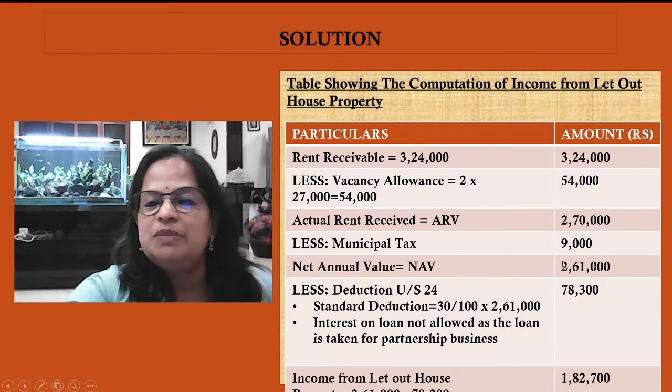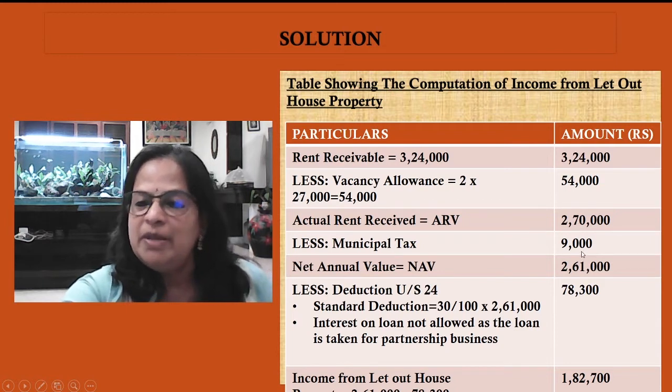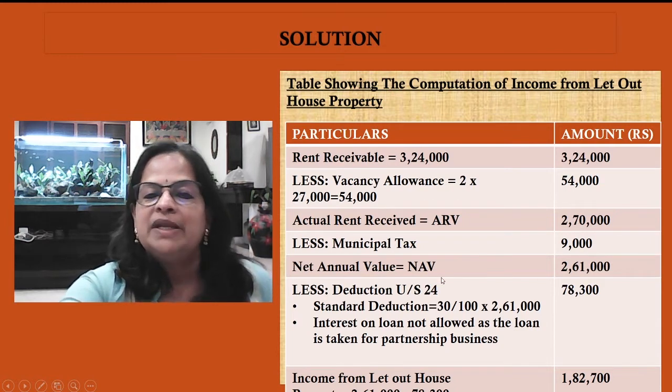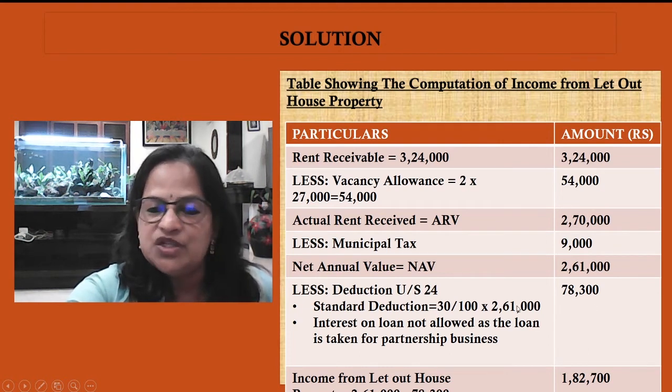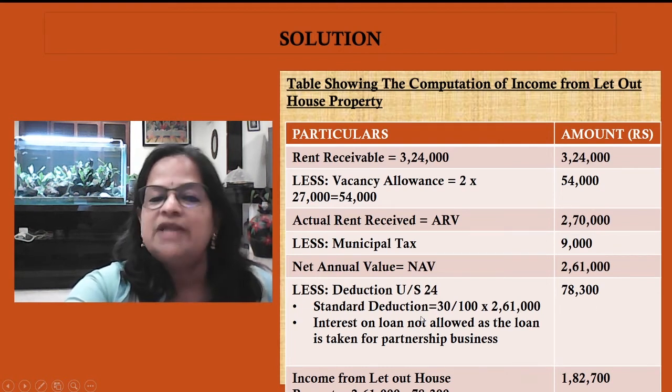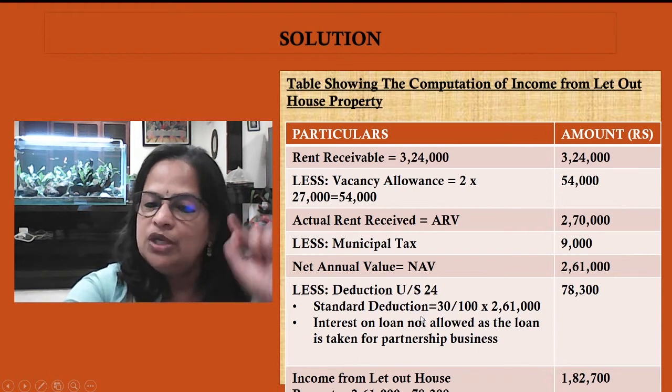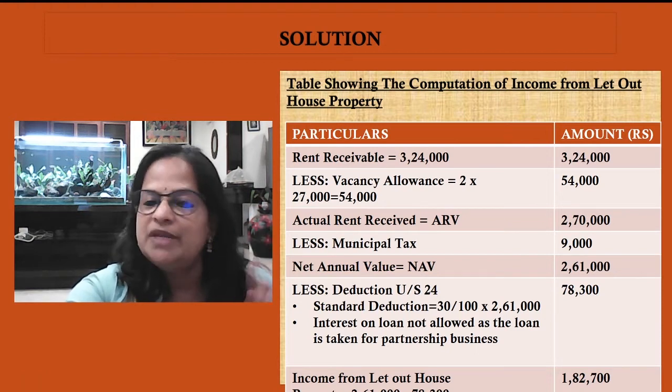Now less municipal tax 9,000. It is paid by the owner, so we can allow that. Net annual value is 2,61,000. Less deduction under section 24, 78,300. That is the standard deduction. Only the standard deduction is allowed because, as I told you, the loan was taken for the partnership firm, which is not allowed.